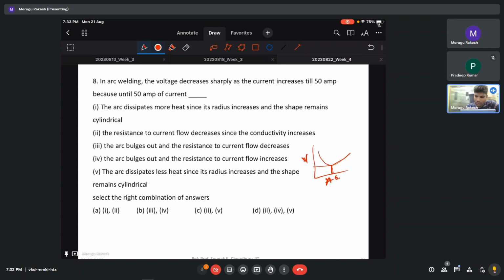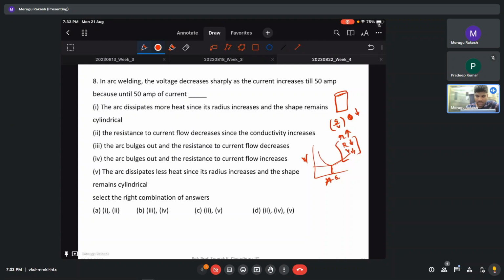Basically, below 50 amps, we are going to get a cylindrical arc typically. So the surface to volume ratio decreases as R increases. If R, the radius, increases, the resistance decreases and the voltage decreases.